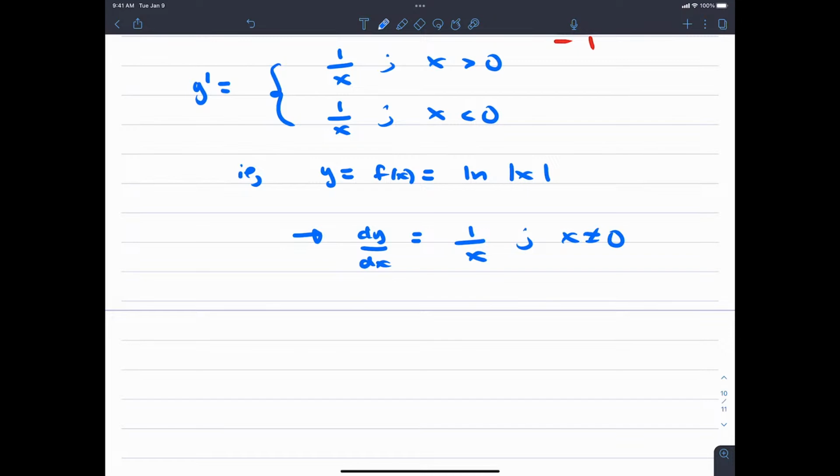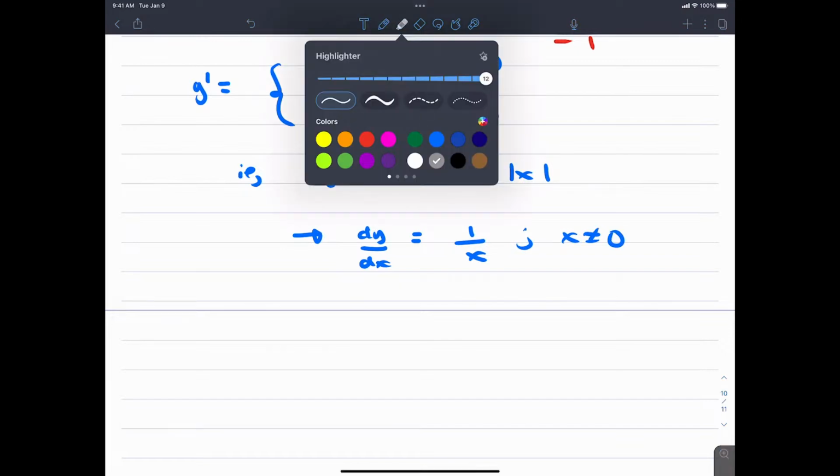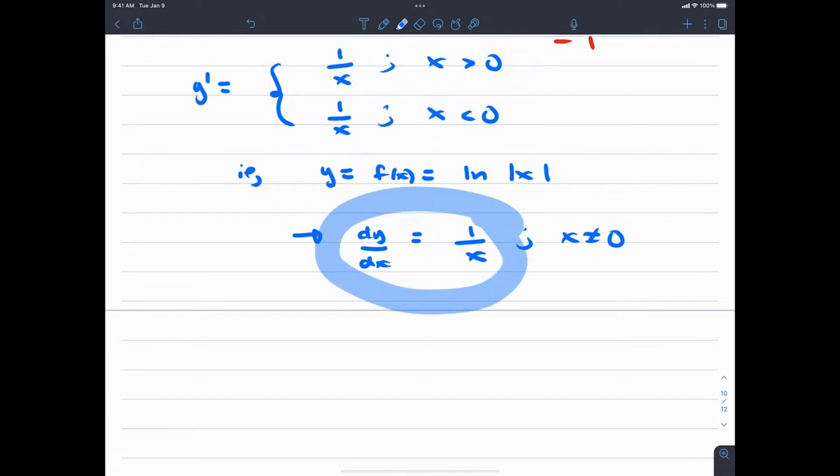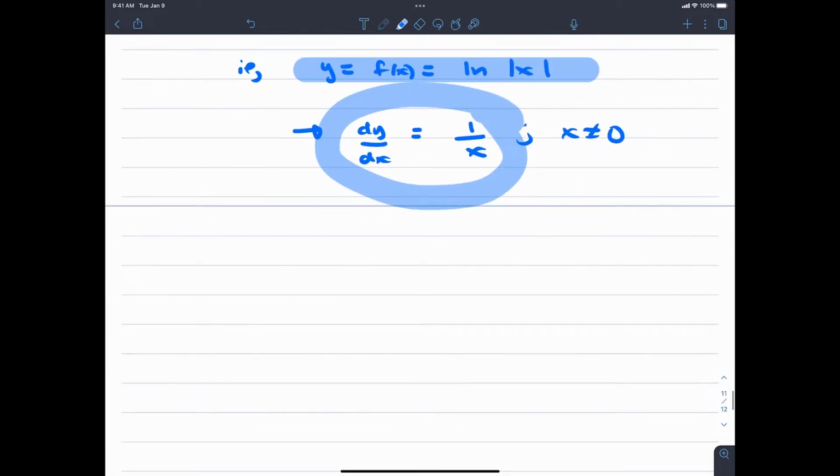So x can be positive, or x can be what? Negative. Okay? Now, you might say, why is that so important? It's important, and let me write it symbolically. That when you differentiate the natural log of the absolute value, that's 1 over x.